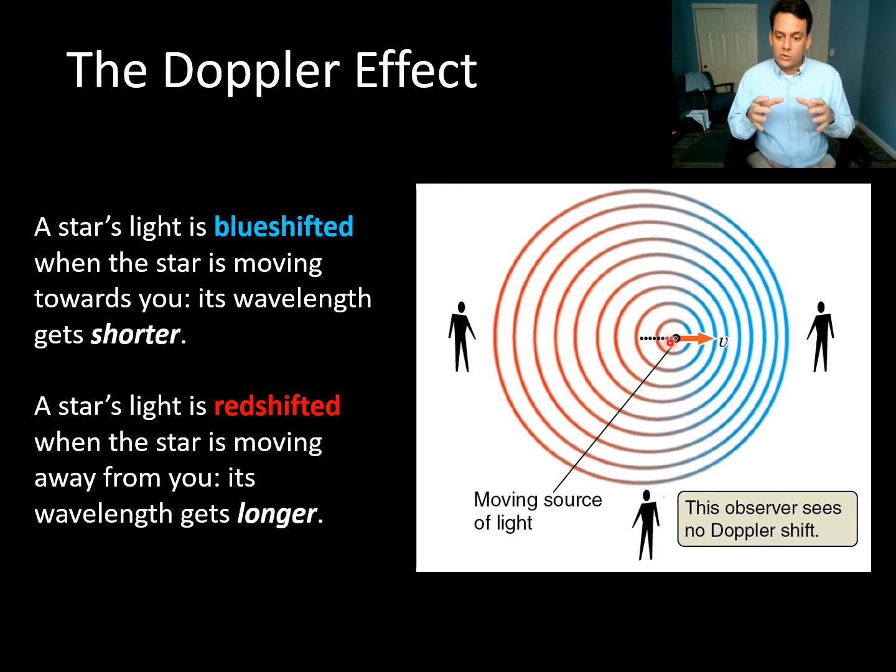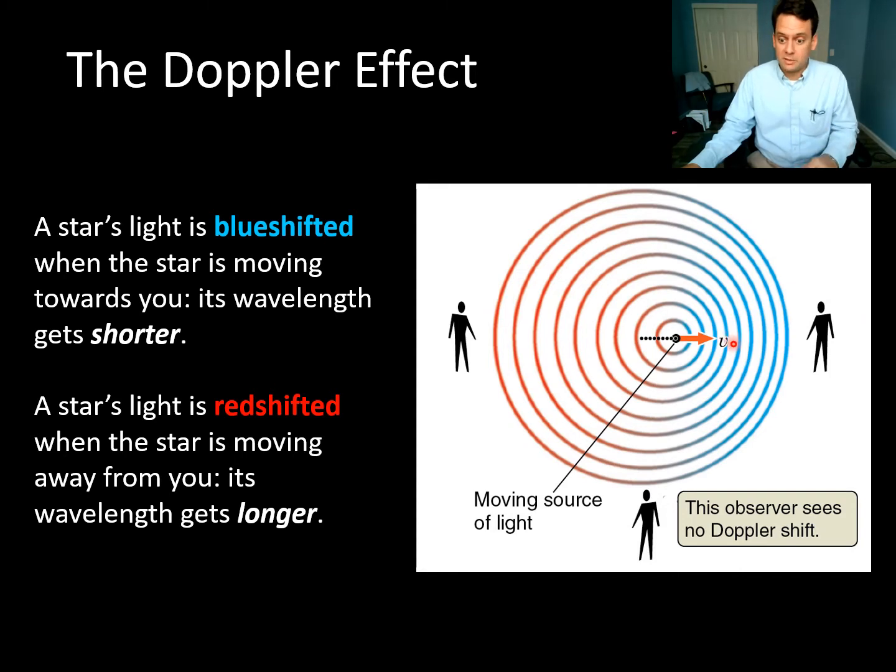If the star is at rest and just emitting light equally in all directions, then the wavelength will be measured to be the same regardless of where you are. But if the star is moving, that's not true. If the star is moving to the right in this case, it will emit some light, and that light will start traveling out. But in between that first peak emission and the second peak emission, the star will have moved somewhat in the direction of the peak.